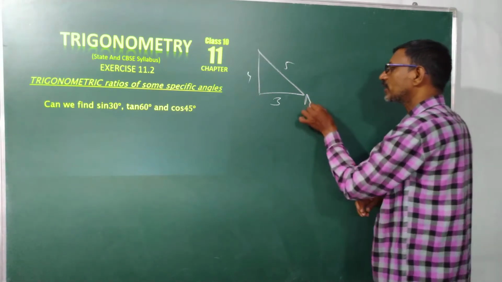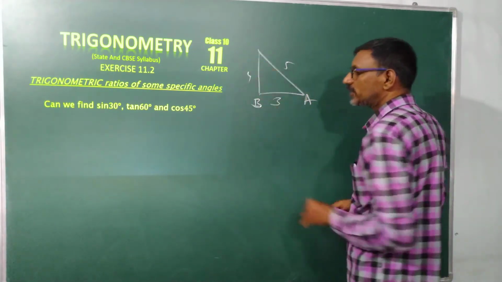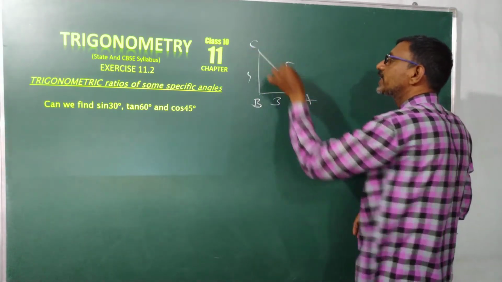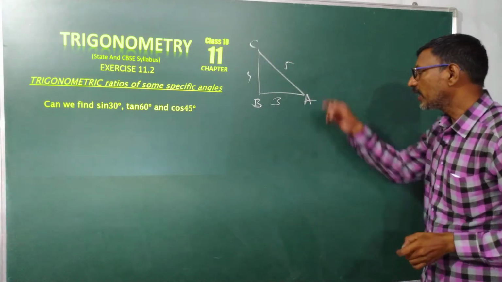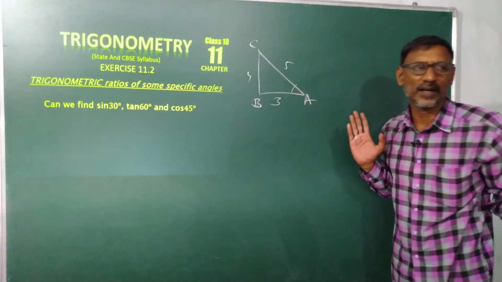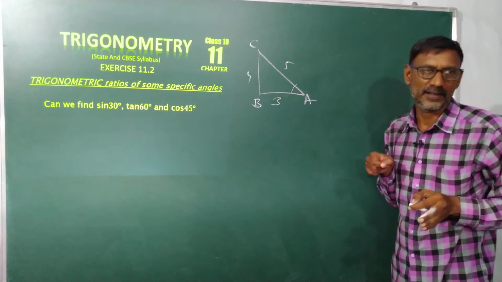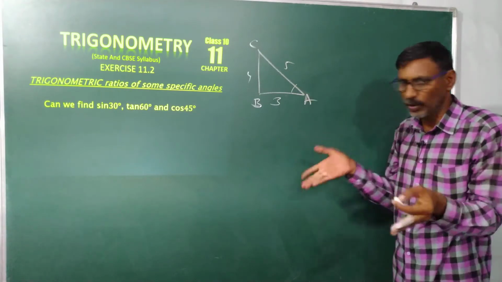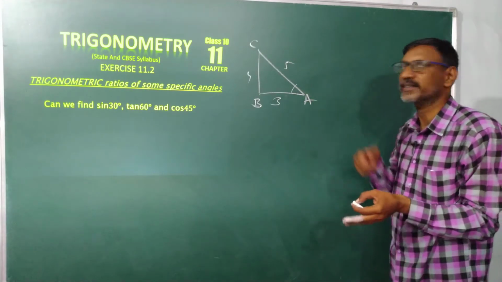In the Pythagoras theorem, suppose this is my right angle triangle ABC. Here it makes some angle, no doubt at all. I don't know that angle, but it makes some angle.